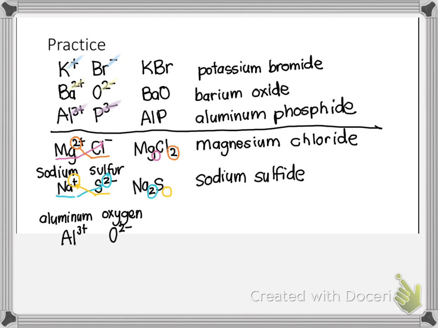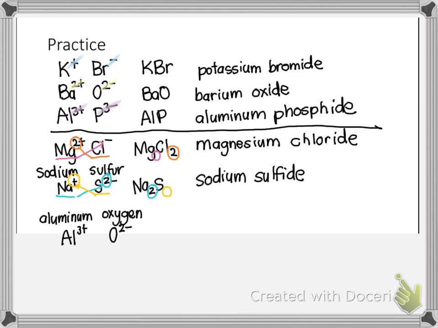So if I'm thinking mathematically, aluminum is a 3 plus and oxygen's a 2 minus. The first number a 3 and a 2 have in common is 6. So it would take 2 of the aluminums to get up to 6, because 3 plus 3 is 6, and 3 of the oxygens to get up to 6, because 2 plus 2 plus 2 is 6.